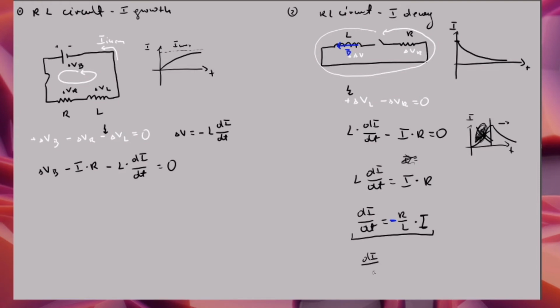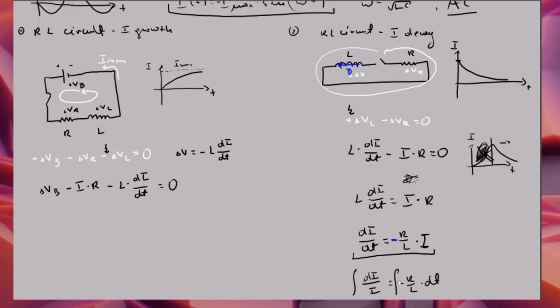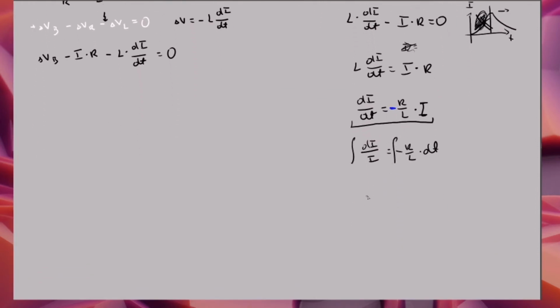So this will give me di over I equals minus R over L dt, and you'll integrate this thing. And on the left hand side, you're going to end up with ln of I plus a constant C1 equals minus R over L times t plus a constant C2.